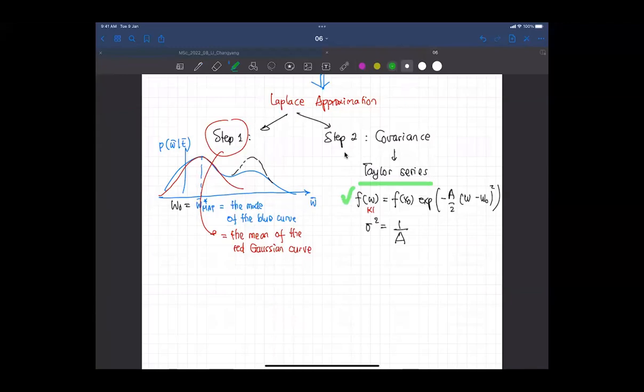Okay, so as I mentioned again, we can use MAP to get W_MAP, and W_MAP is the mean of the Gaussian. Any questions here for the mean of Gaussian?